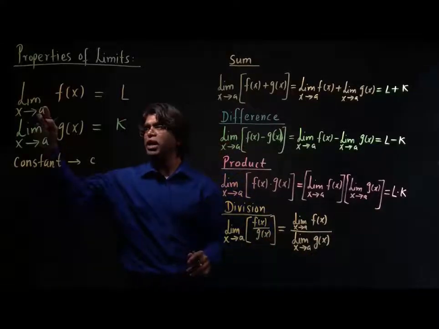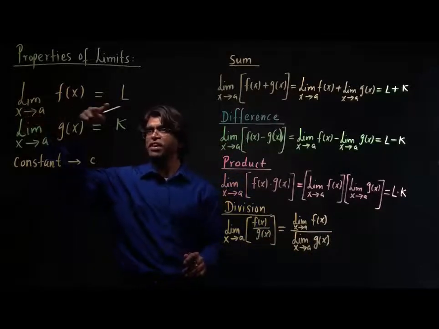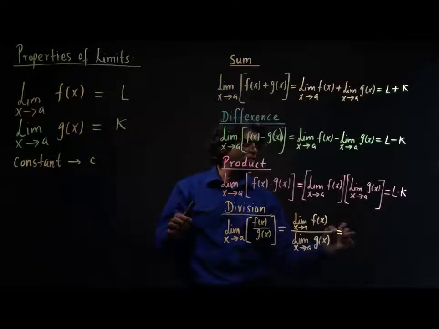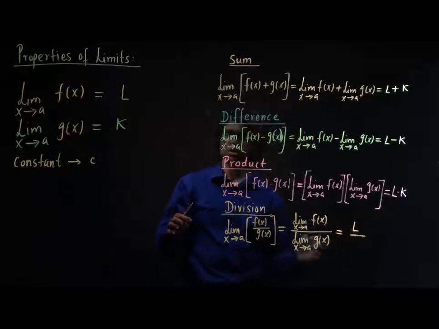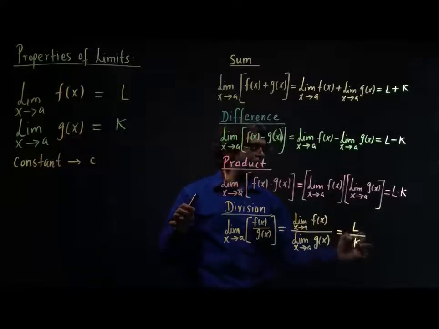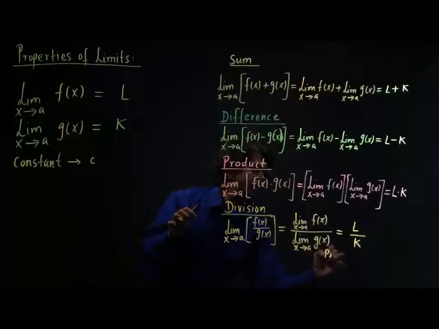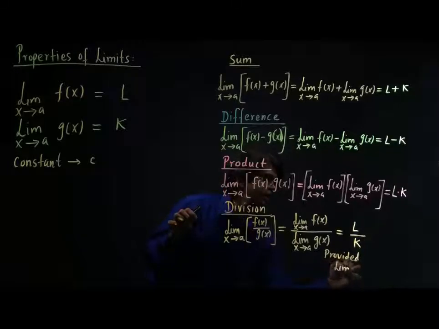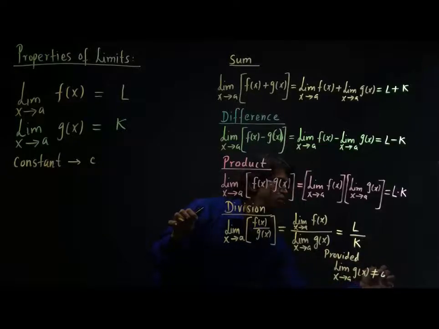So we all know that limit x tends to a f(x) is L. So I will write this is equal to L over limit x tends to a g(x), which is k. So I have L over k, provided limit x tends to a g(x) is not equal to 0.